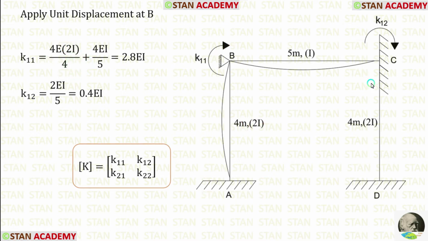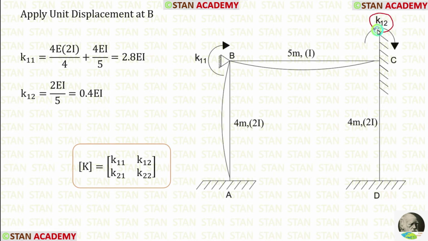Now let us look on the other end C. In the point C also there is a fixed support. So we have to apply the same formula 4EI upon L. Length of BC is 5. Let us apply that. For K11 there are two values. We have to add both of them. After adding we are getting 2.8 EI.